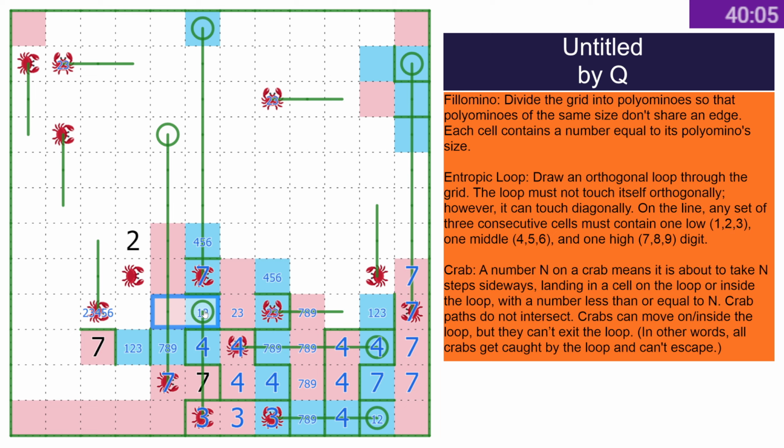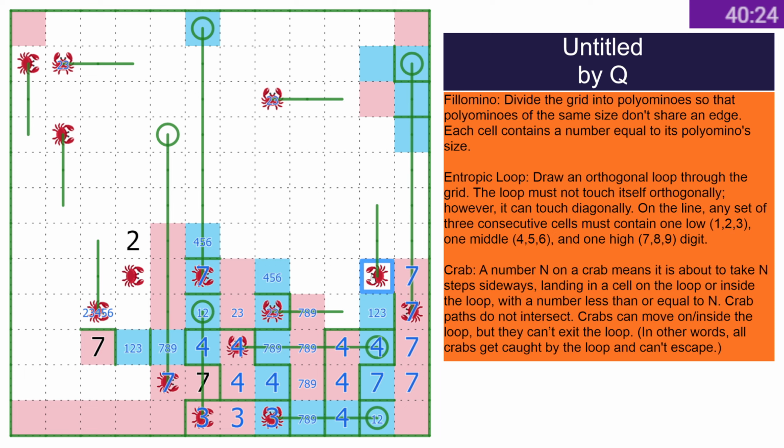Two there puts 2 there and makes this a 7. That's 7. 2 here, 2 here, 3 here, 7's there. Harumph. 2 next.